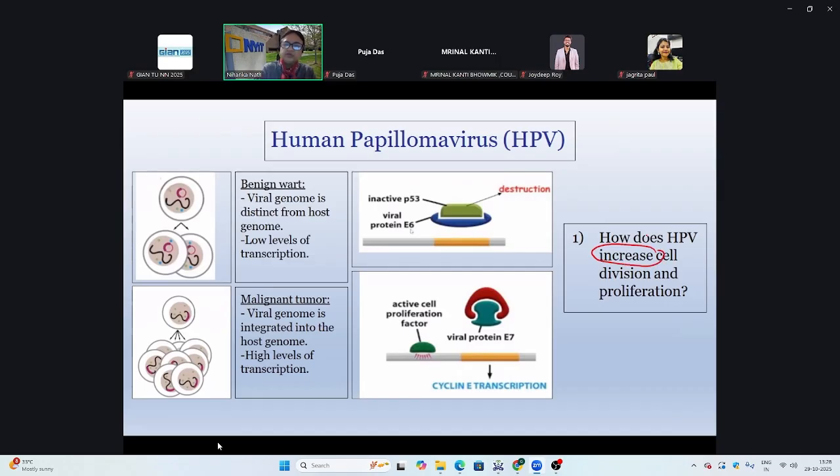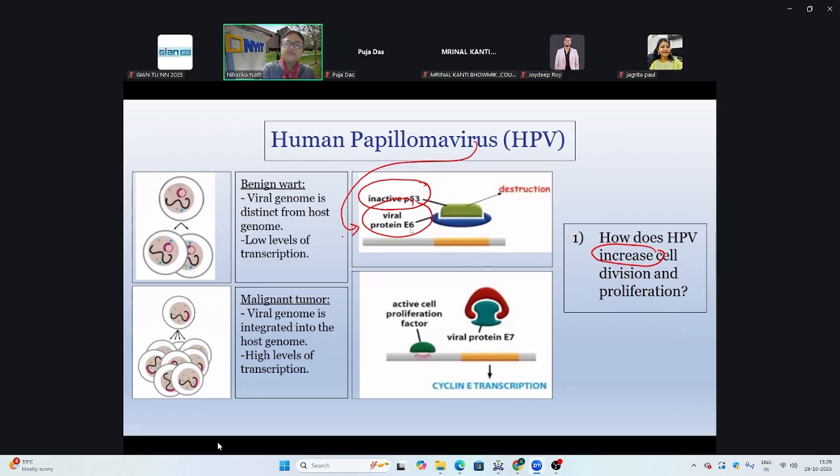Well, it will do it because it will go and bind to the P53. So P53, and this viral protein called the E6 protein from the papillomavirus.